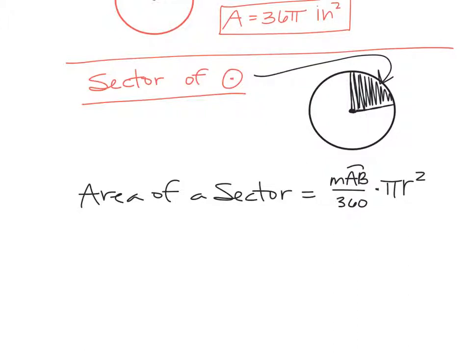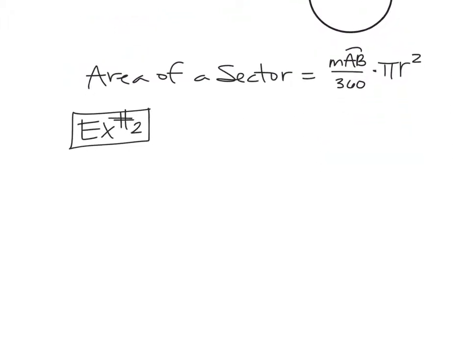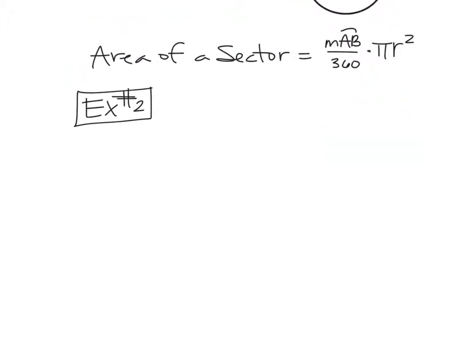Okay? All right, so here's what we're going to do with that. Let's say we have a circle. We're going to call this sector ZOM.